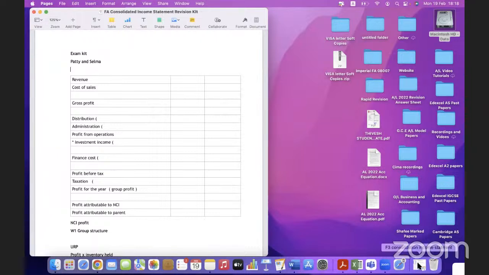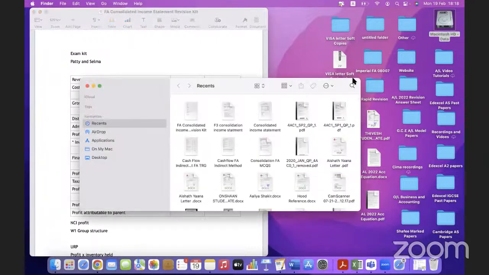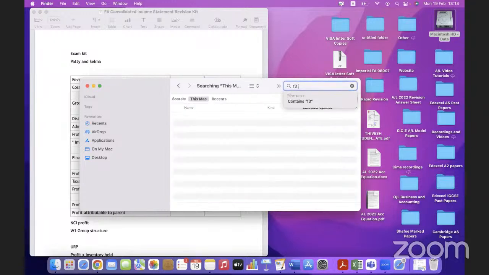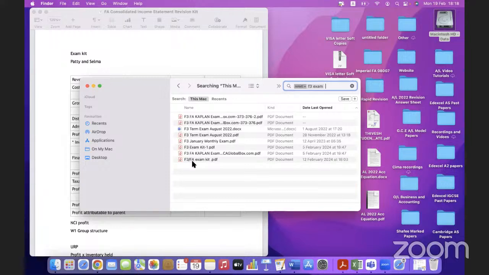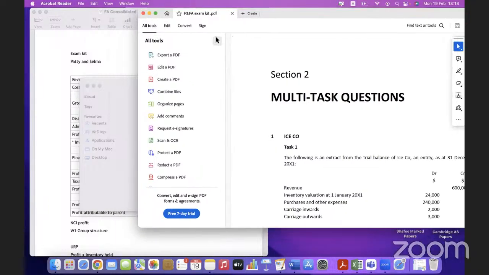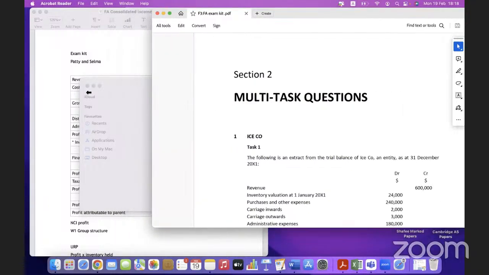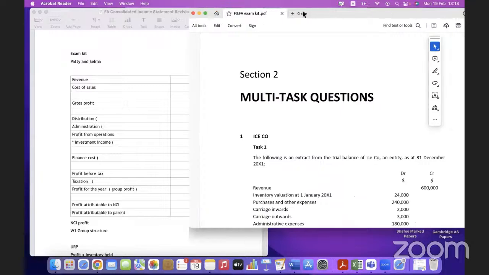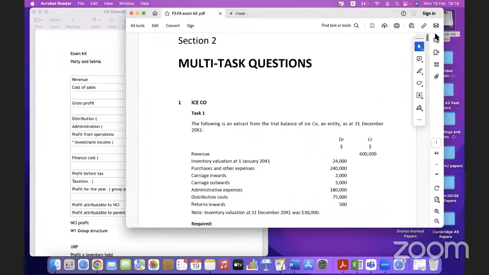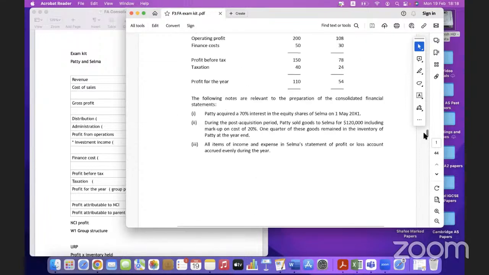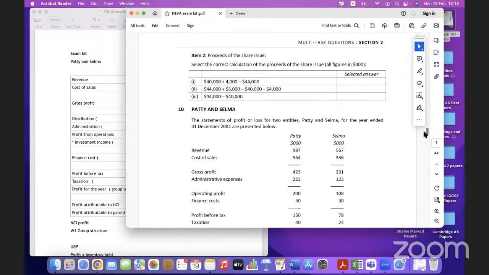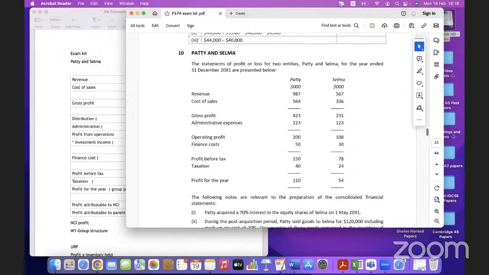Normally the format in the exam will always be provided to you. Okay, so this is the question that I'm planning to do from the exam kit, question number 10, Patty and Selma.